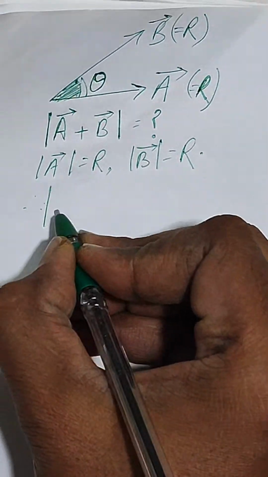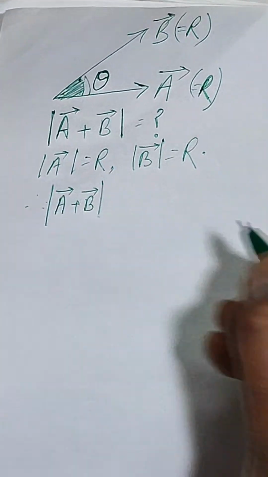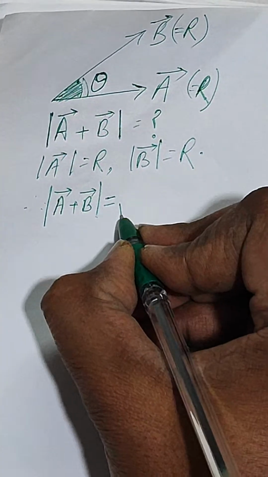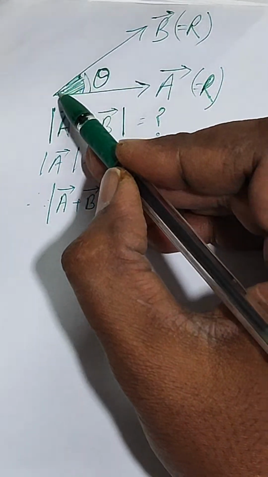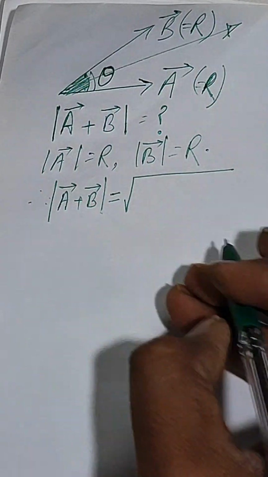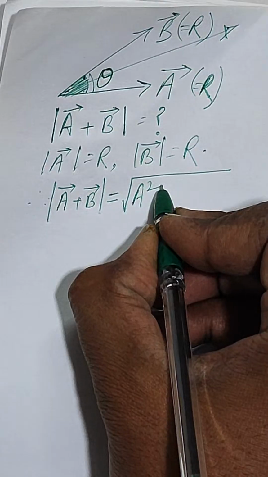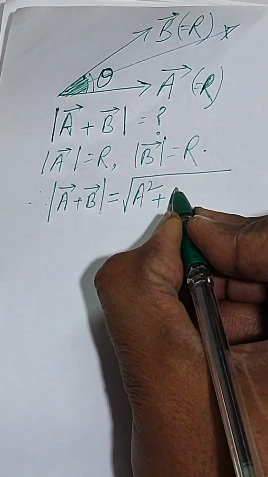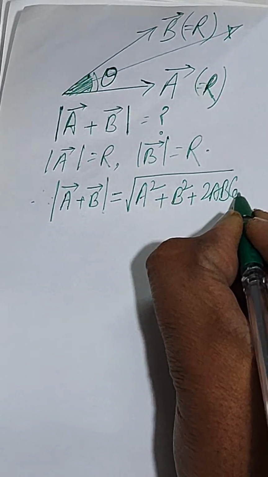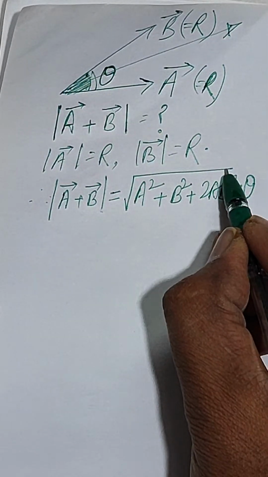Therefore, the magnitude of vector A plus B is equal to root over of the resultant, this one, root over of A square plus B square plus 2AB cos theta. I am taking the formula directly.